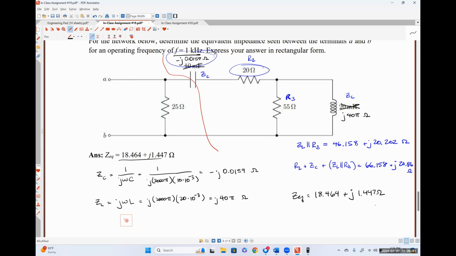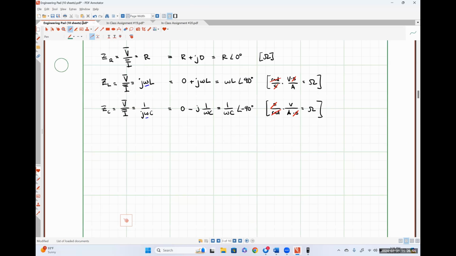All right, any questions about this impedance combination problem? Okay, I want us to go back really quickly.